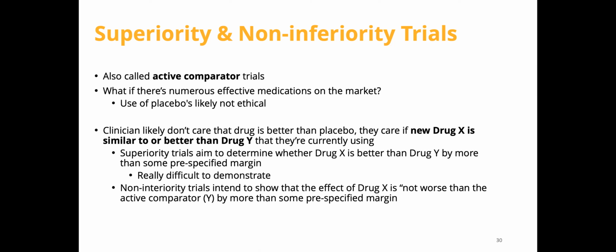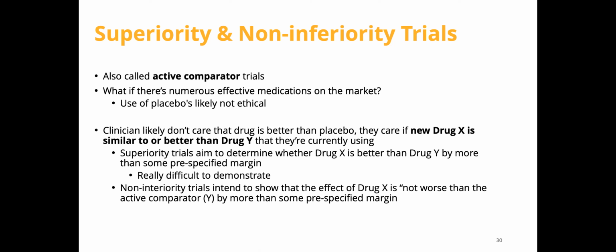If we know that there's something that can treat a particular disease a patient has, we can't just give them placebo or nothing. We actually have to give them the active comparator. So that's the situation where we conduct a superiority or non-inferiority trial, and we're trying to answer the question whether or not a new drug is actually similar to or better than another drug on the market.